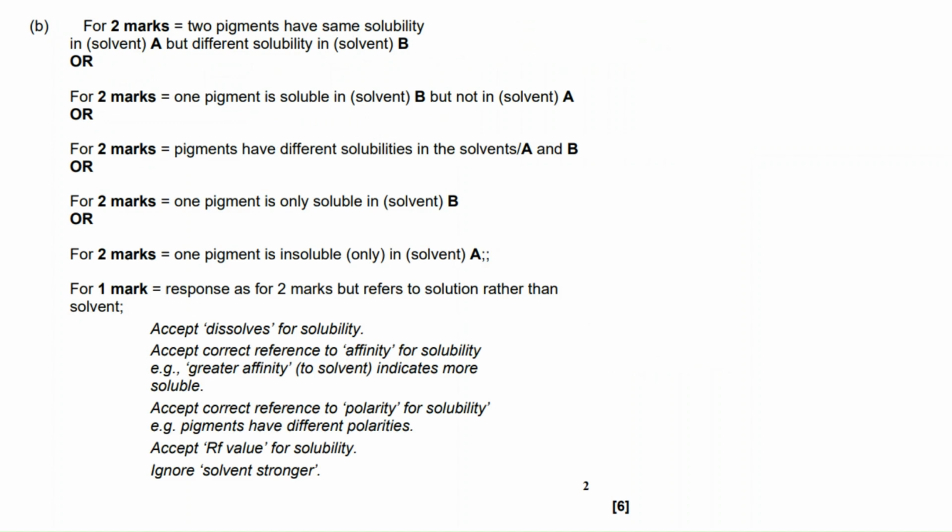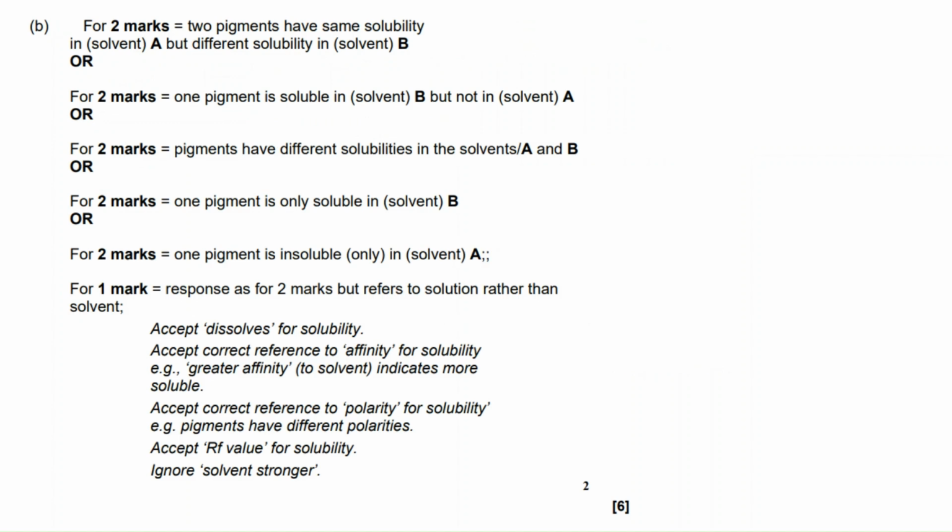So this is the mark scheme. For 2 marks: 2 pigments have the same solubility in solvent A but different solubility in solvent B. Or 1 pigment is soluble in solvent B but not in solvent A. That's what I said, so I'd get both marks for that. All of these are saying the same thing but in slightly different wording.